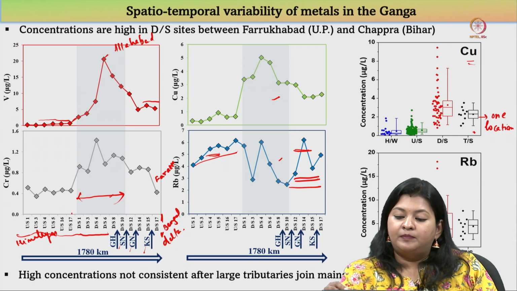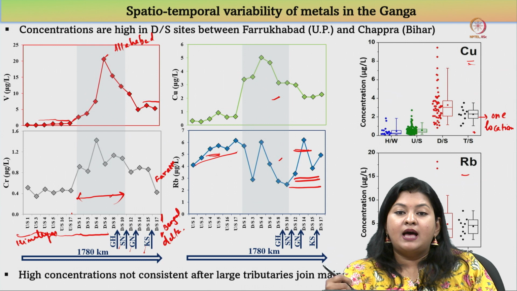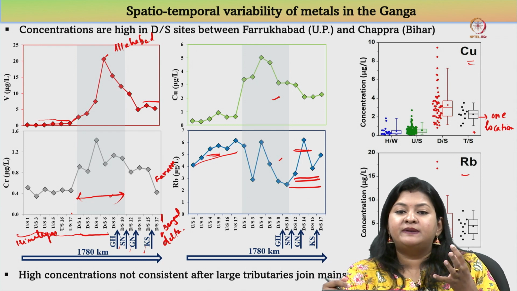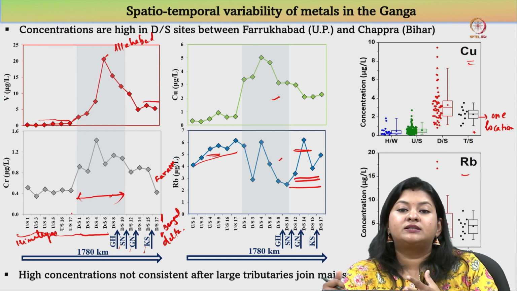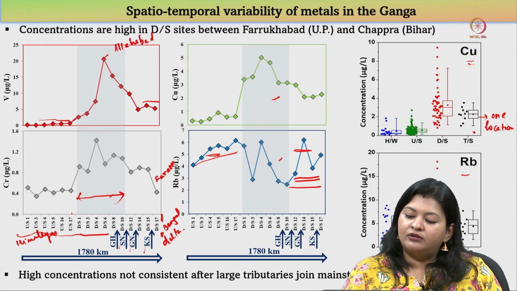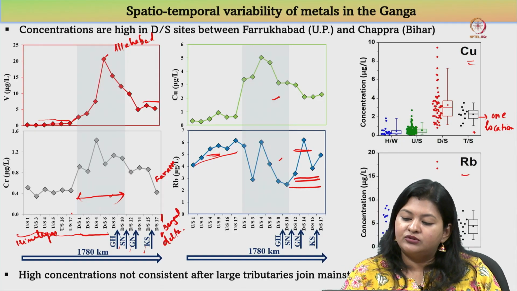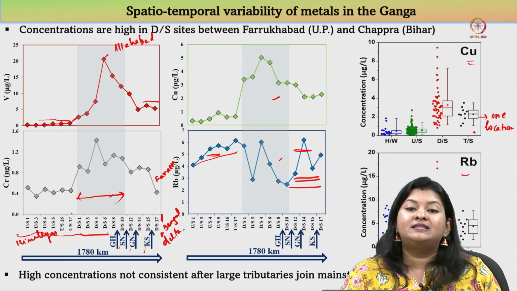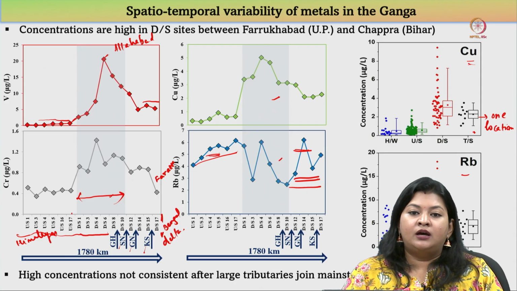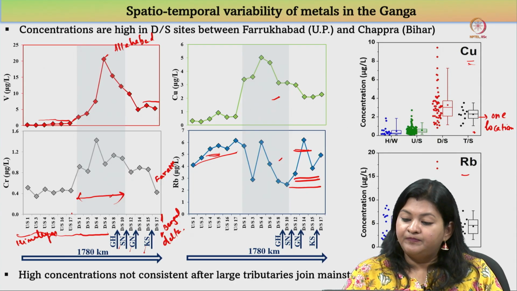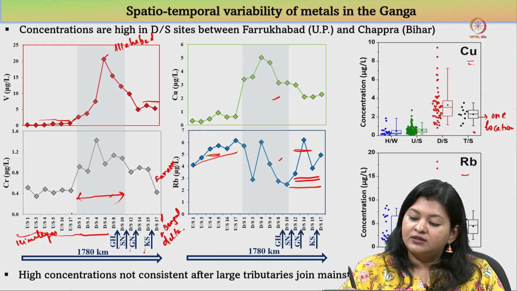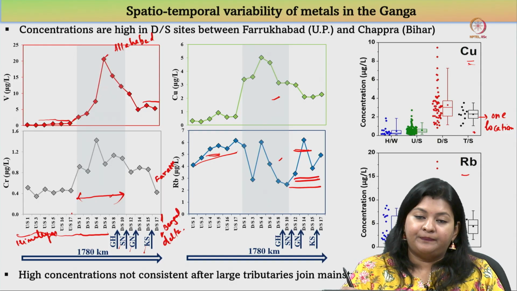So, this is for copper and this is for rubidium, and this graph clearly shows how rubidium is such a specific tracer for continental crustal weathering, where the headwater, the upstream and the downstream have very similar and comparable concentration ranges, even though the concentration ranges are varying.